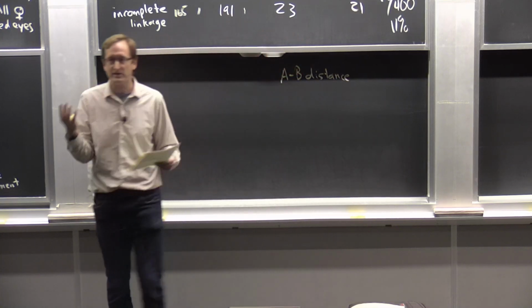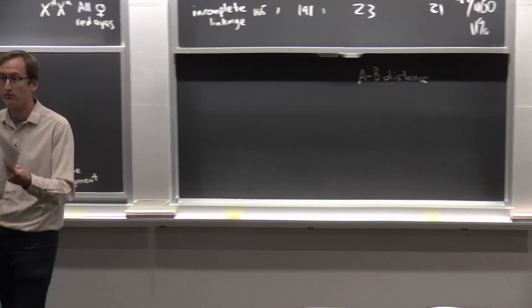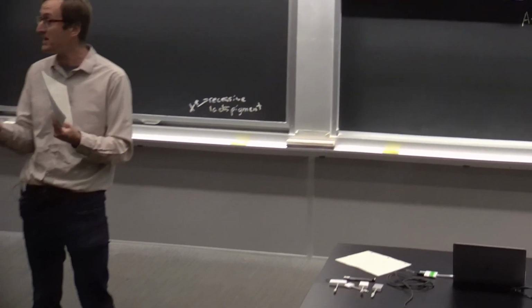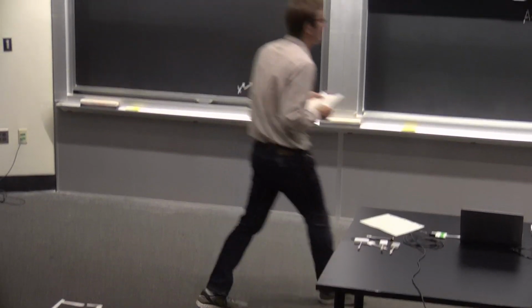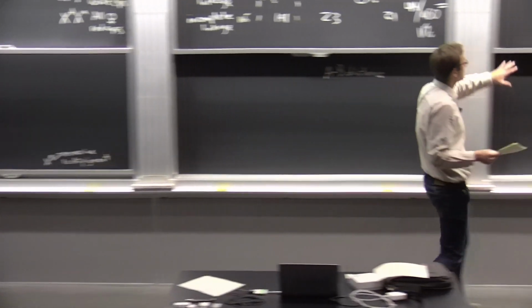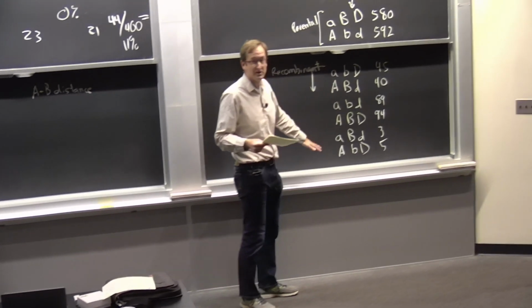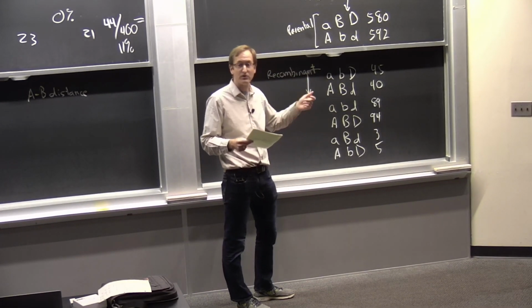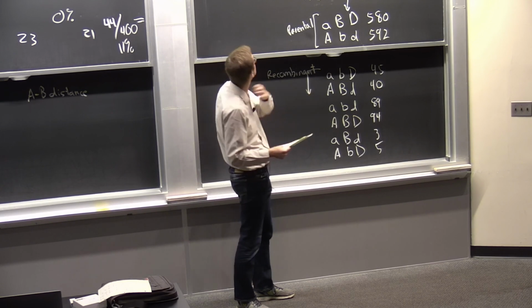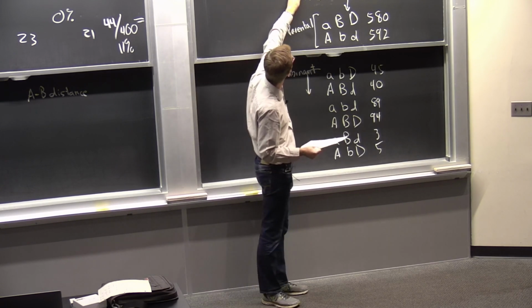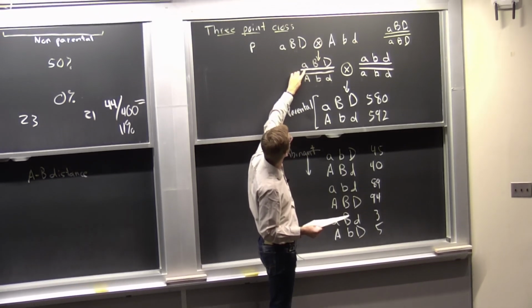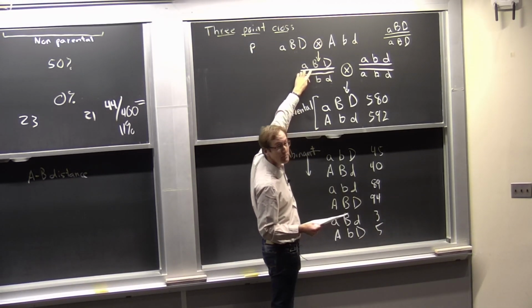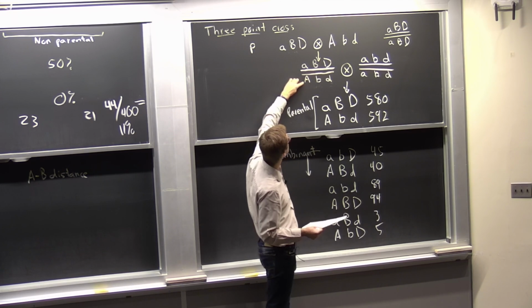And remember, to get a distance, we're looking at the frequency of recombination between these two genes. So we now have to look through all of these recombinant classes of progeny and figure out the ones that have had a recombination between A and B. On the parent chromosome, lowercase a started out with capital B, and vice versa.